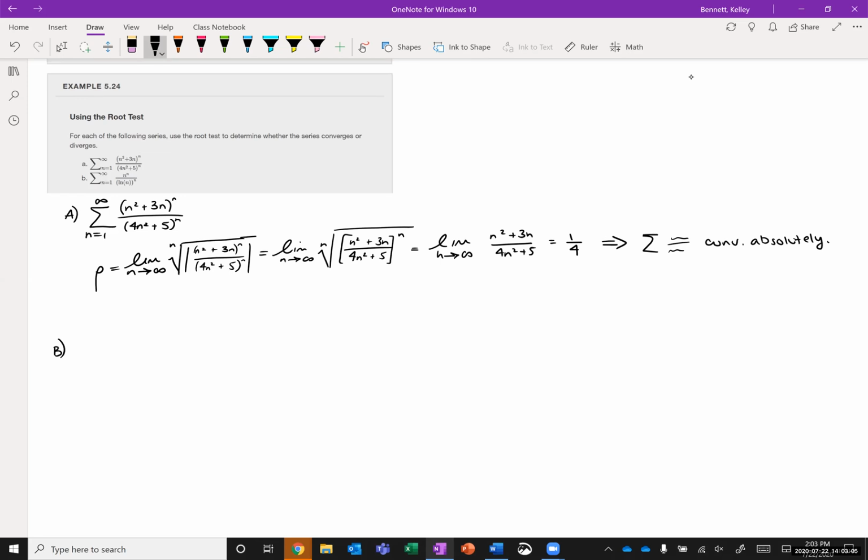In example B, we compute rho in the same setup. This is a typo I think I found in the book. I don't think the series should start at 1 because it's undefined at 1.